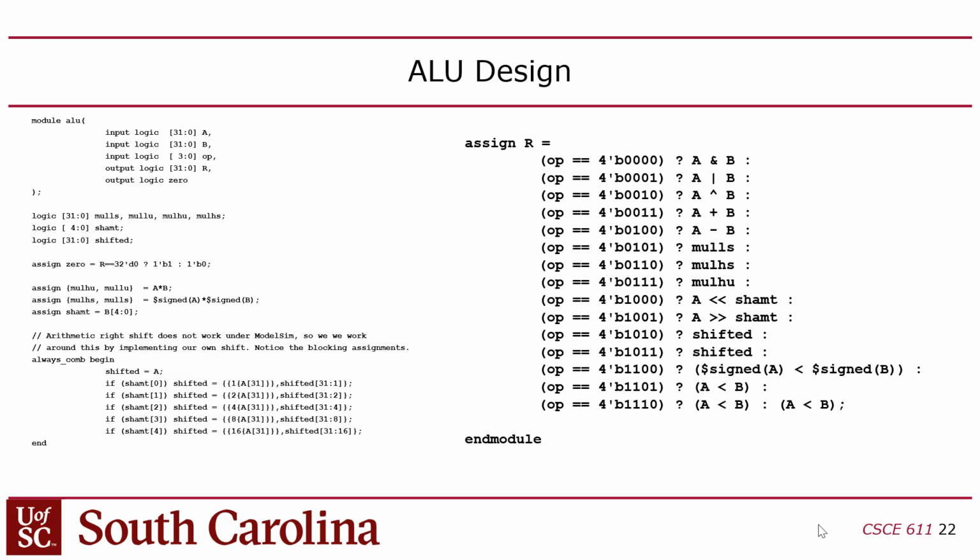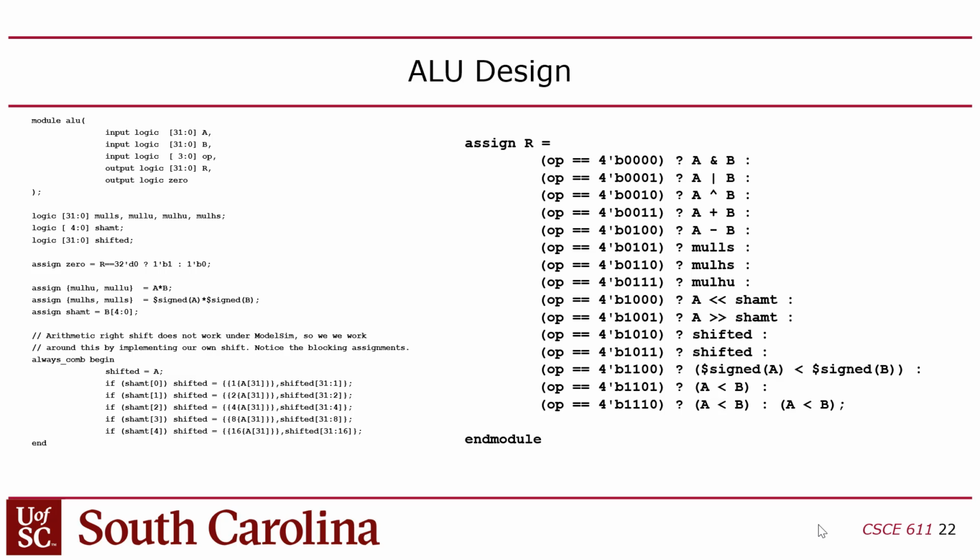You'll notice that when we do a multiply here, we're multiplying logic types. Logic types are not signed or unsigned. Logic is logic. However, and we learned this the hard way, if you use the multiply operator in SystemVerilog, it's going to interpret that as an unsigned multiply, which kind of makes sense.